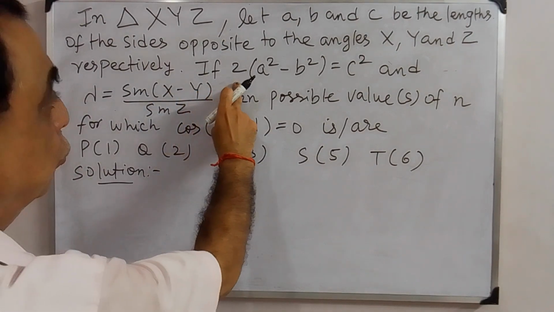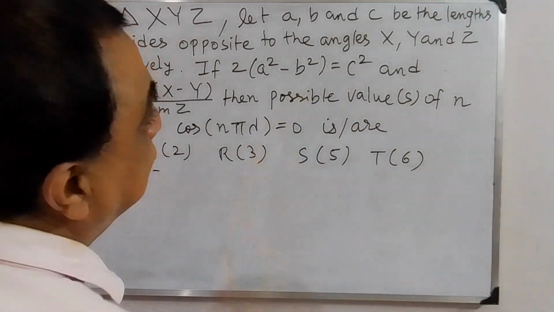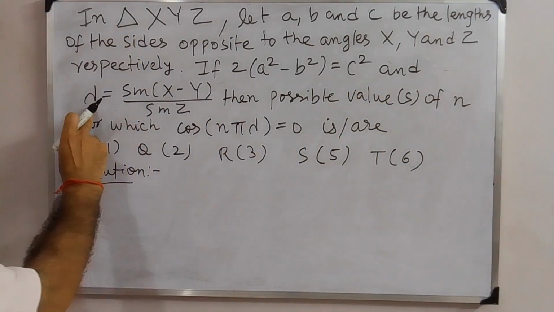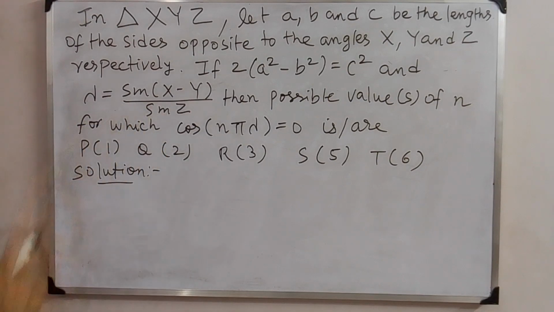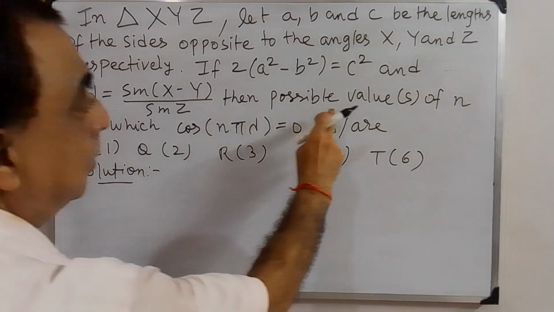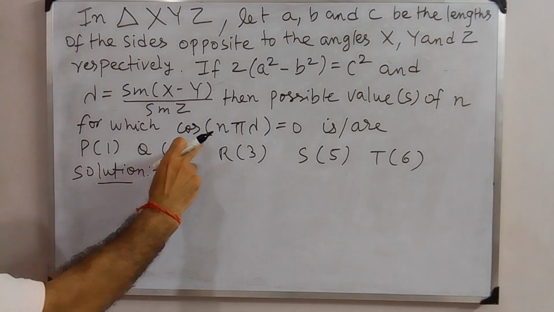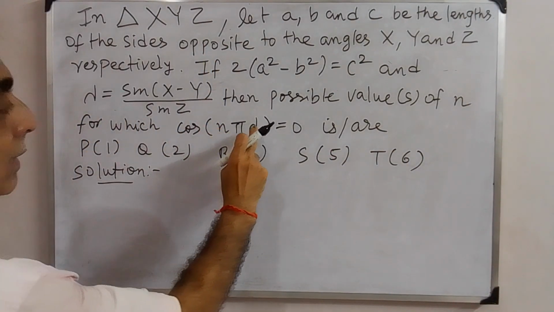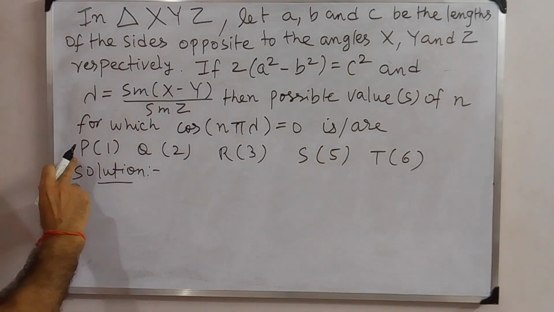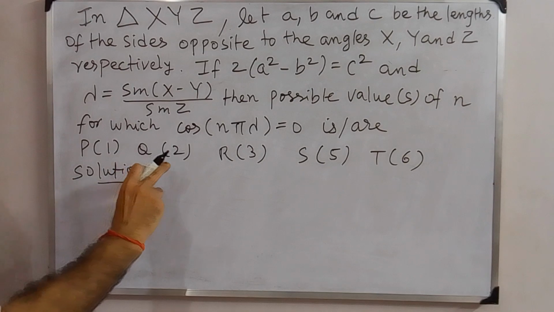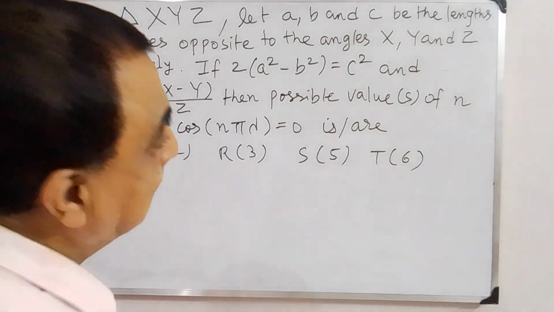If 2(a squared minus b squared) equals c squared and lambda equals sine(X minus Y) by sine Z, then the possible value or values of n for which cos(n pi lambda) equals 0 is R, and the options are P 1, Q 2, R 3, S 5 and T 6.